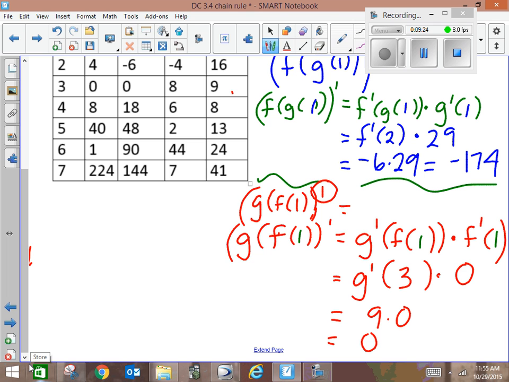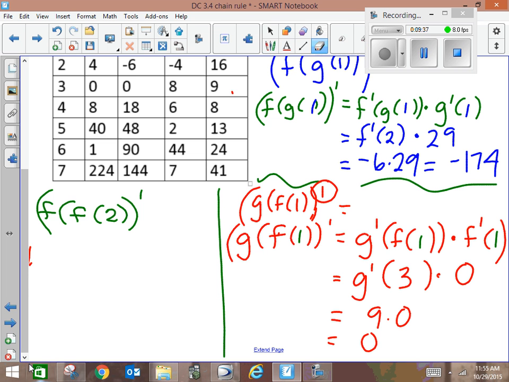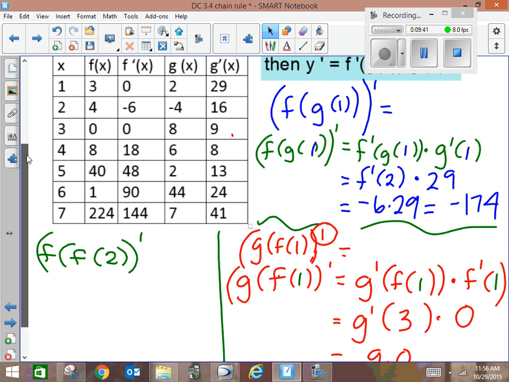All right. Let's do the derivative of the f of the f of 2. Do it from start to finish.